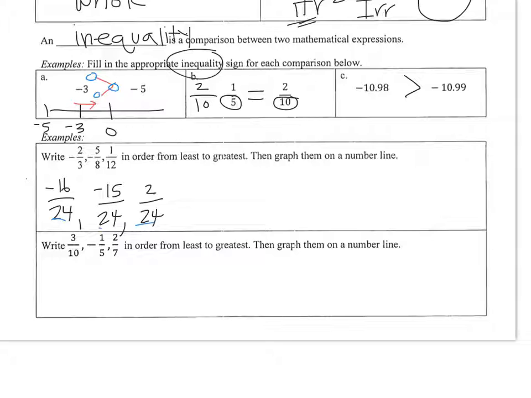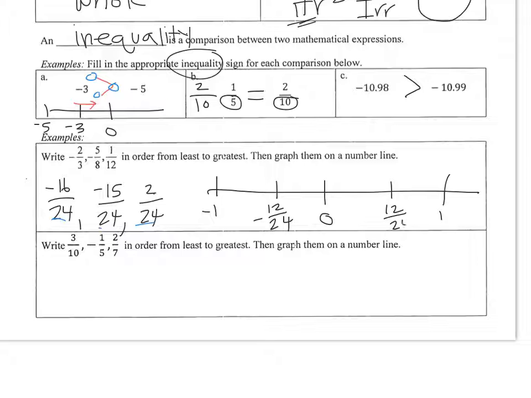So now I can put them on a number line. Right here, this is 0, and you could think about breaking it into 24ths. So this is -1, this is 1. This would be 1/2, which would be 12/24, -12/24, and this would be positive 12/24.